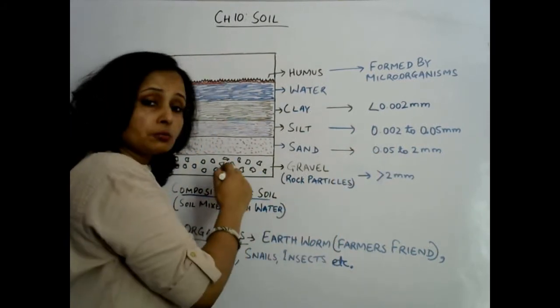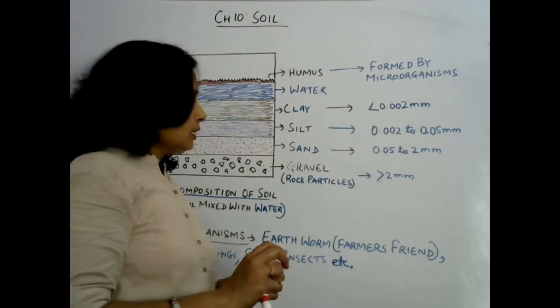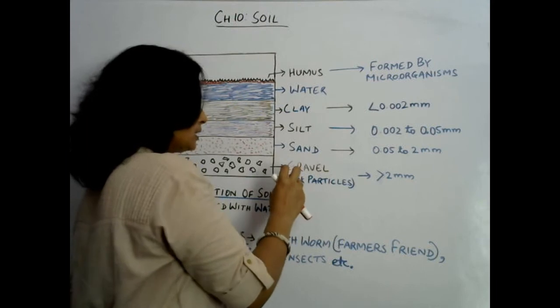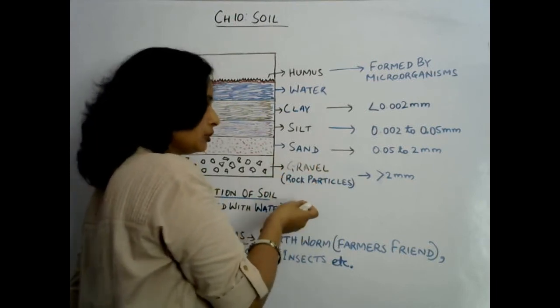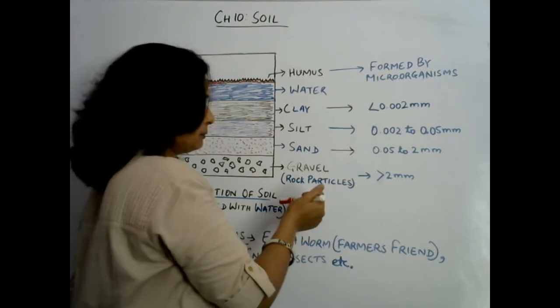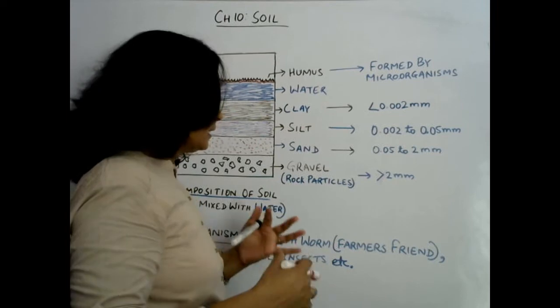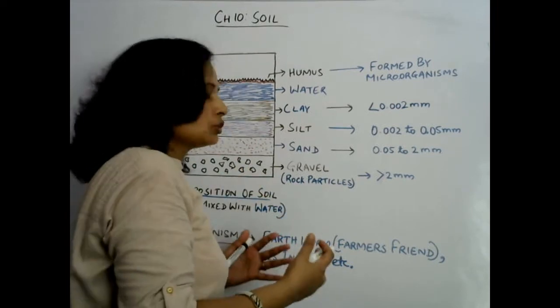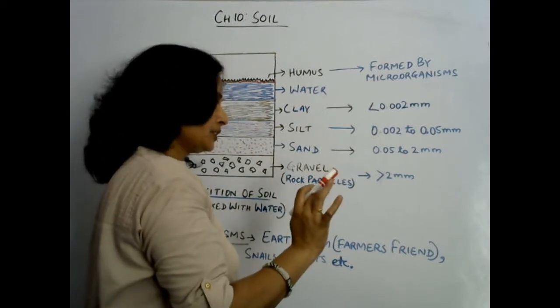Then at the bottom of the glass, what can we observe? It is gravel. The size of gravel is maybe like pebbles, or maybe a little bit greater or a little bit smaller than pebbles. So these gravels are basically rock particles. It tells about the rocks that the soil is made up of, right?